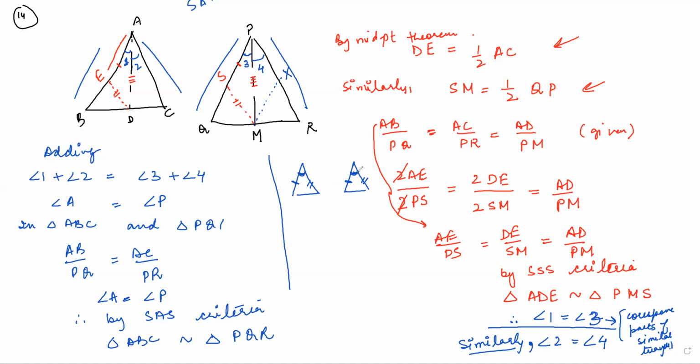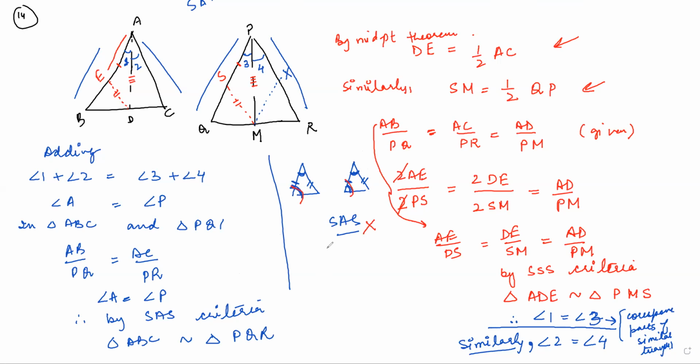Understood? Yeah, the proportional lines should form the arms of the angle. So that is SAS criteria. So you cannot show this angle to be equal, right? If you are showing the red one equal, then SAS is not satisfied.